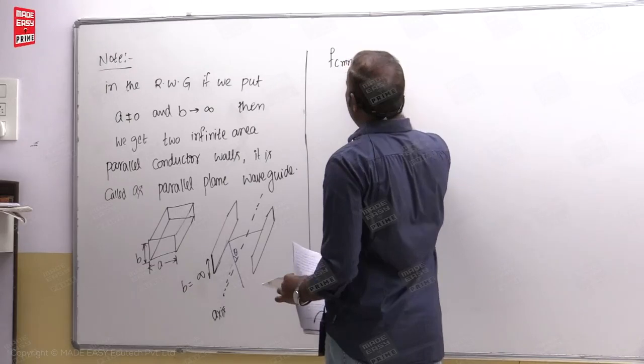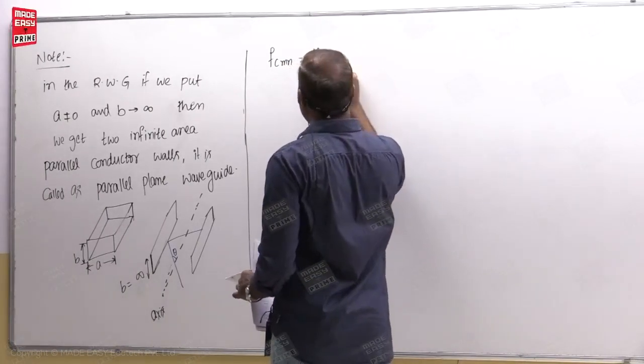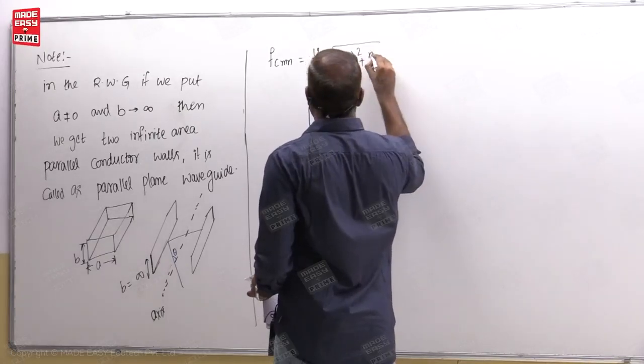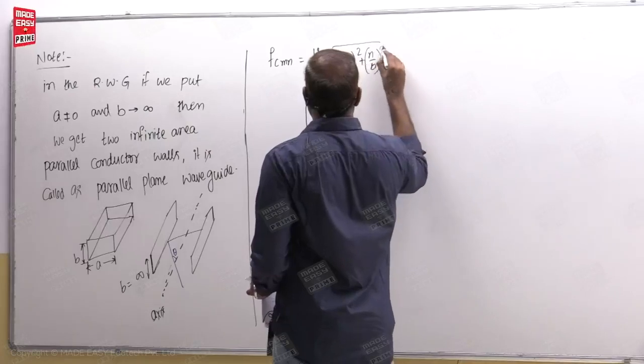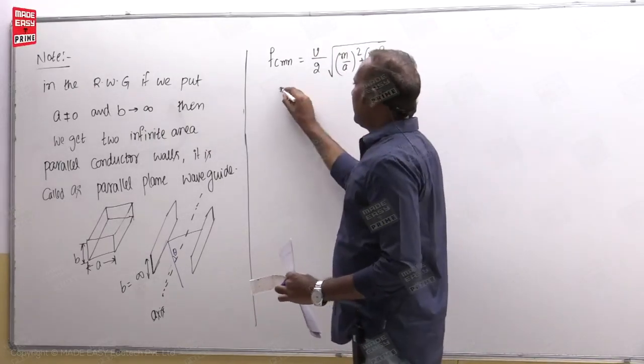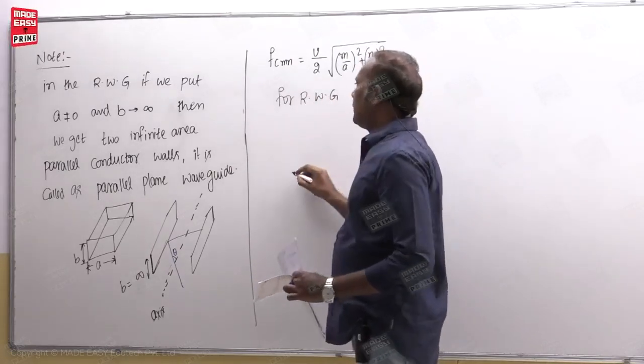fc_mn is equal to v by 2 root of (m by a) whole square plus (n by b) whole square. This is for a rectangular waveguide.